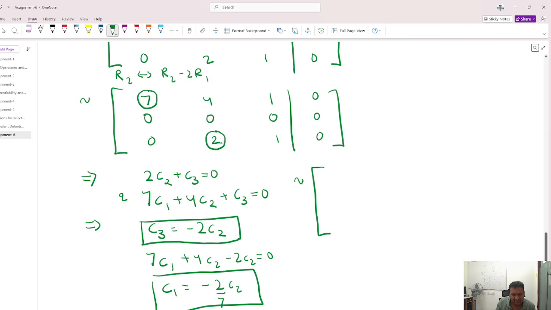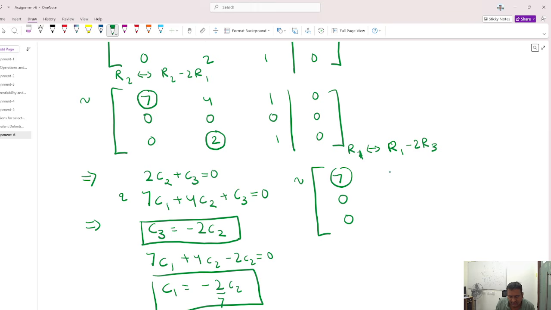So I make this above thing also zero. So 7, 0, 0. The operation will be R1 changes to R1 minus 2R3.